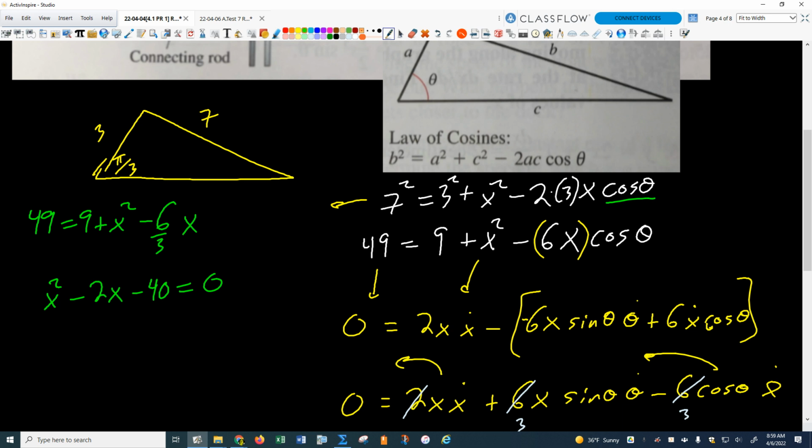Does that all make sense? Cosine of pi thirds is 1/2, yeah.